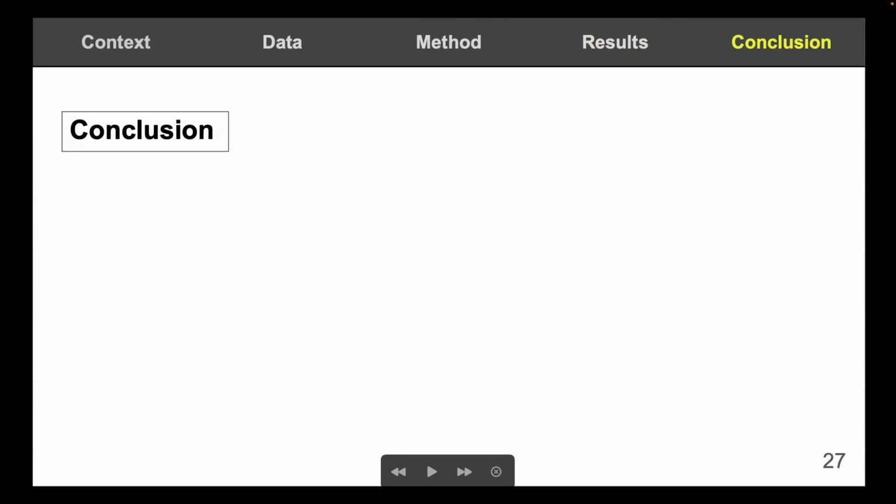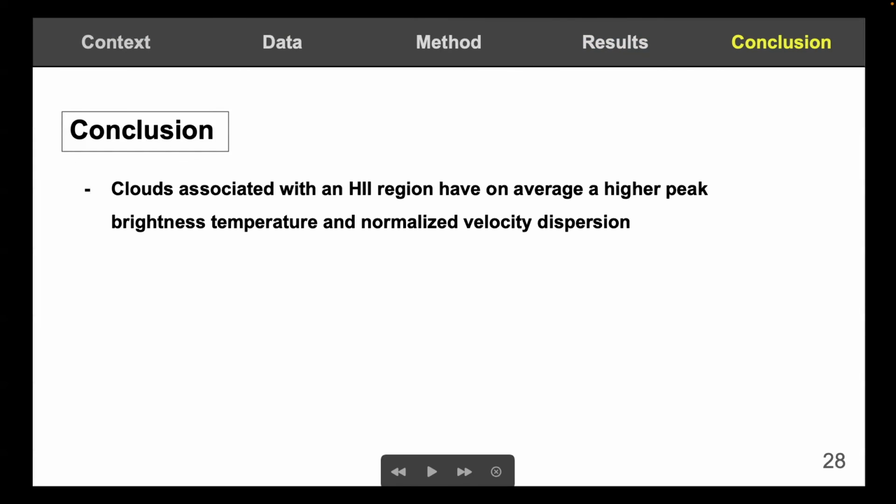Now, to conclude this short presentation, I'm just going to summarize the results. So we found that the clouds that are spatially coincident with an H2 region have a higher peak temperature and a higher normalized velocity dispersion, which is the first hint of early stellar feedback.